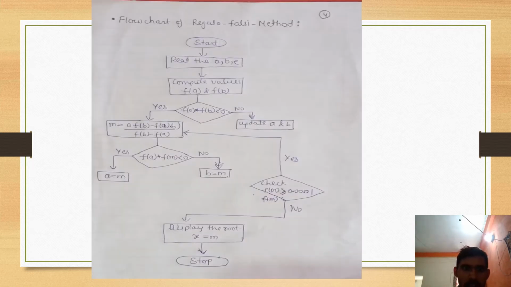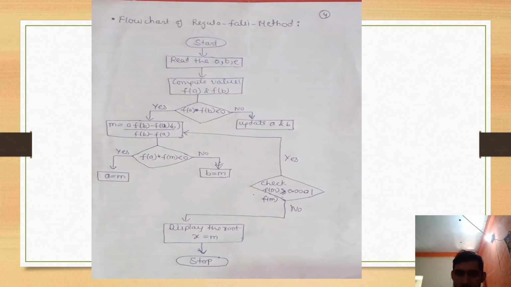The next is the flowchart of regular falsi. In the flowchart, first start, then we take the values of a, b, and e. Then we compute f of a and f of b by putting the values of a and b in the function f of x.